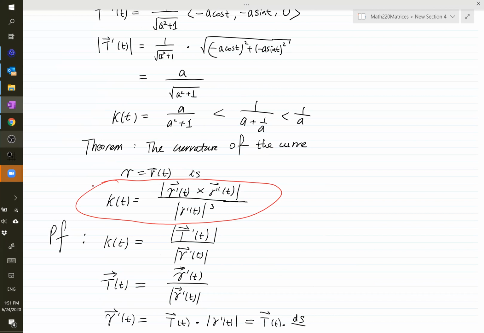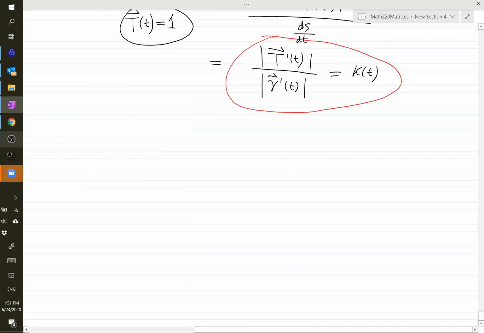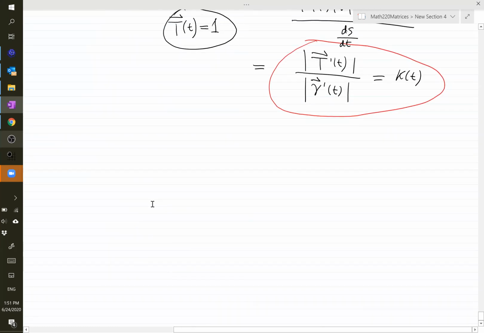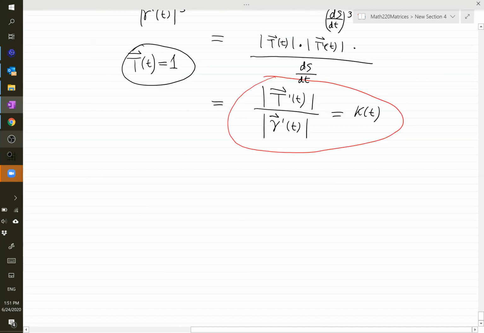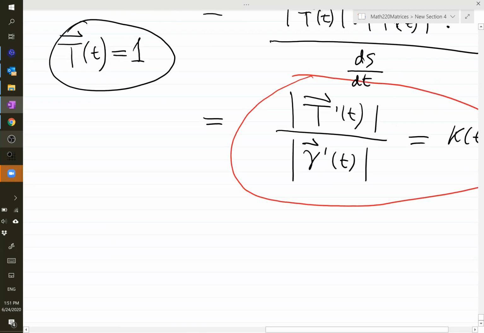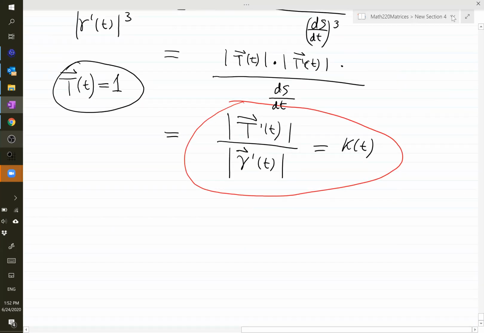Now let's find the curvature of a plane curve on the xy plane. We will use this formula to derive an expression for curvature.